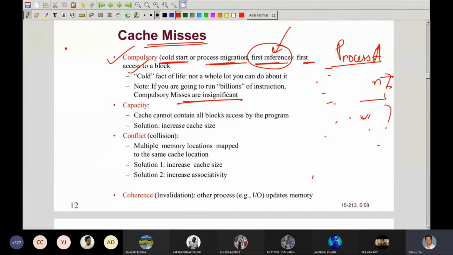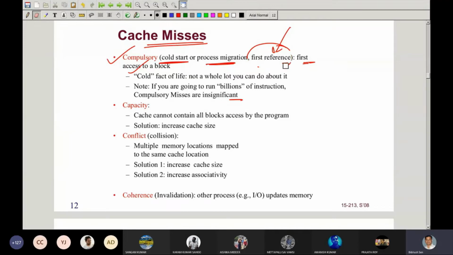Another type is capacity misses, another important parameter. You will find that the cache cannot contain all blocks. It is a true fact, because given the main memory size and the requirement, the cache cannot contain all these pages.